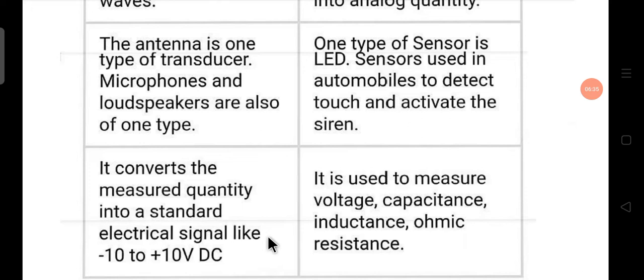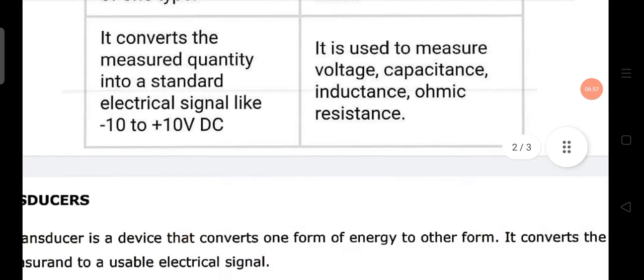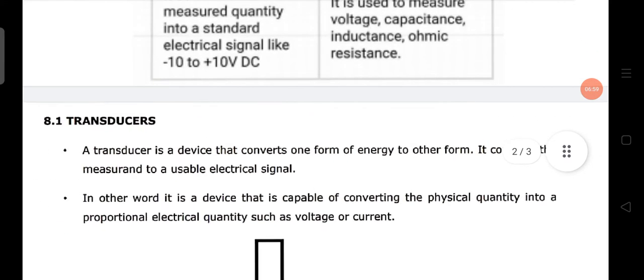The transducer converts the measurable quantity into a standard electrical signal like minus 10 volt to plus 10 volt. But the sensor is used to measure voltage, capacitance, inductance, ohm and resistance. So these are the basic differences between sensor and transducer.